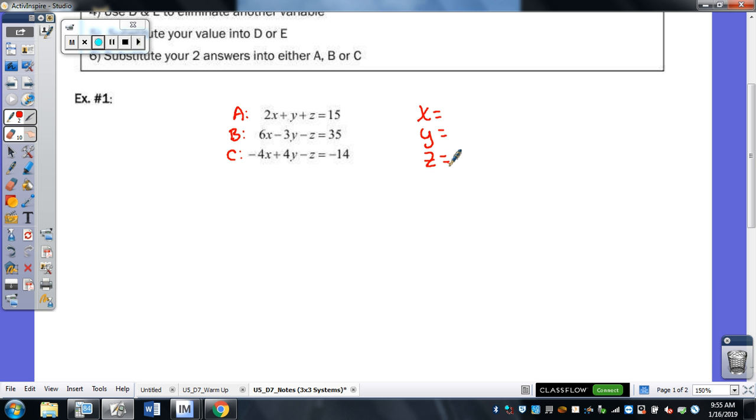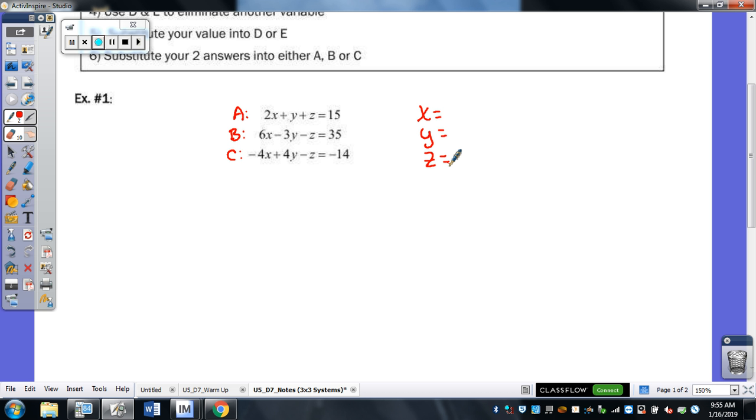So we get to pick which letter we want to eliminate first. We can go for x, we can go for y, we can go for z. So we want to take a look at our equations here. For our x's, I got 2, 6, negative 4. Y's, we got a 1, a negative 3, and a 4. Z's, we have a 1, a negative 1, and a negative 1.